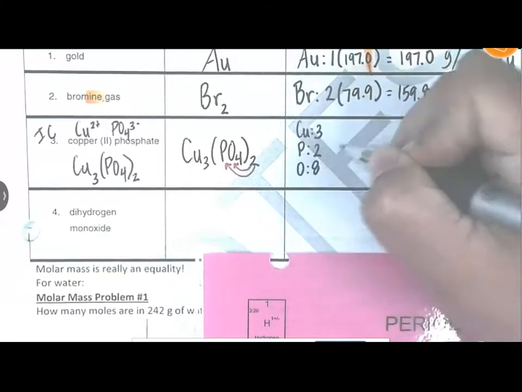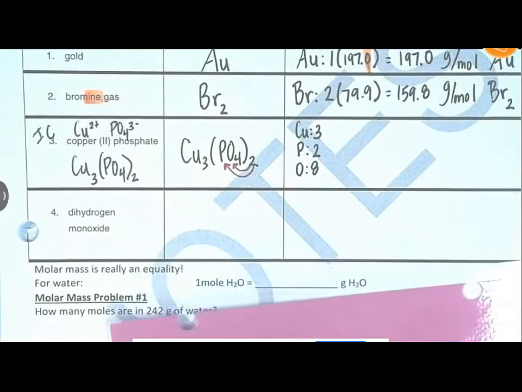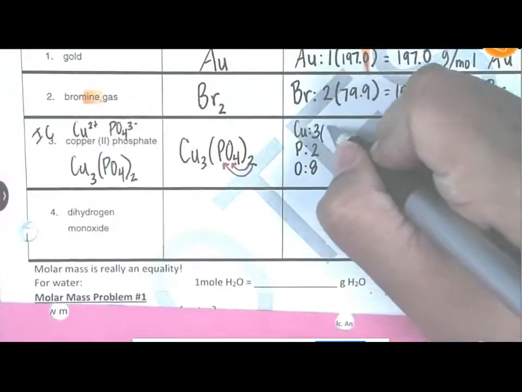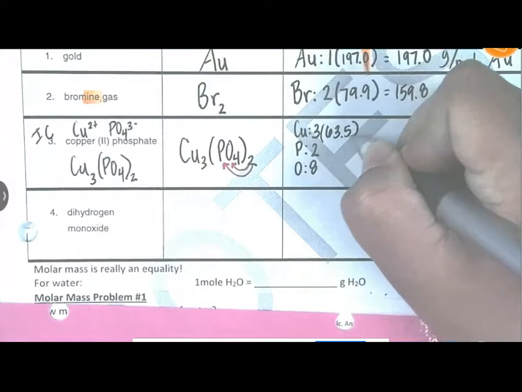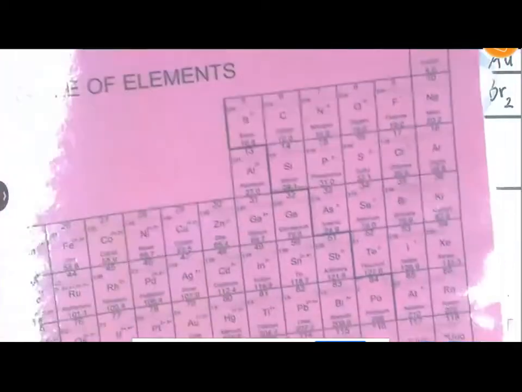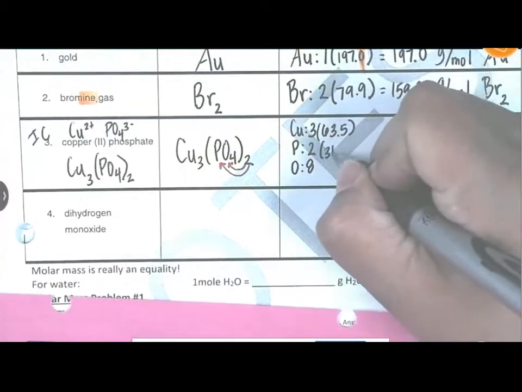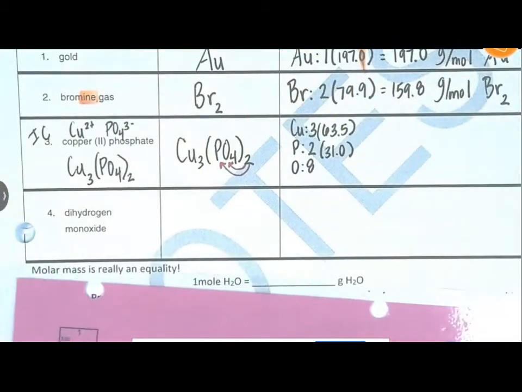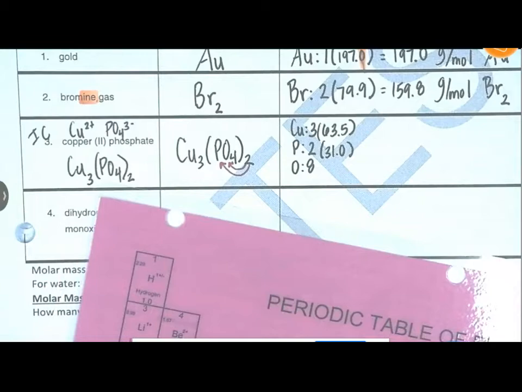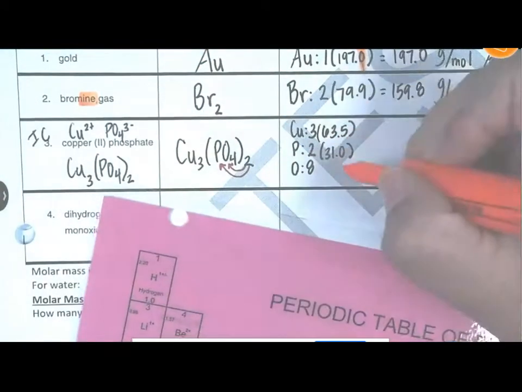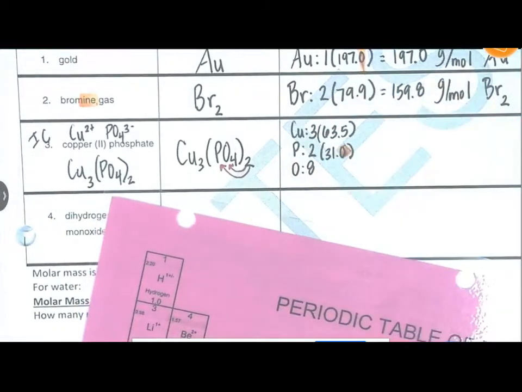Oxygen, 8 of them. Now what we're going to do is look at our periodic table. Cu, 63.5. Phosphorus, 31.0. I must include that 0. Don't forget that. You have to include that. That is a significant digit. I need it. Make sure you have it.